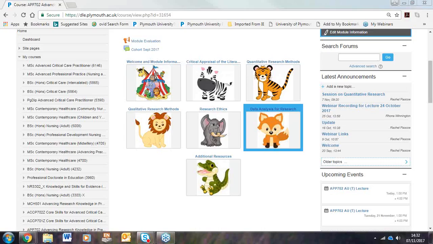Sometimes the choice of critical appraisal tool is completely up to you. If you are struggling to find a reasonable tool that's applicable to all of your research, then what I would advise you to do is to go to pretty much any of the research textbooks on the reading list, whether it's Parahoo, Polit and Beck, or Polit and Hungler. All of those research textbooks have generalized appraisal tools in the back or in the chapter on critical appraisal, and they are very much more generic tools.